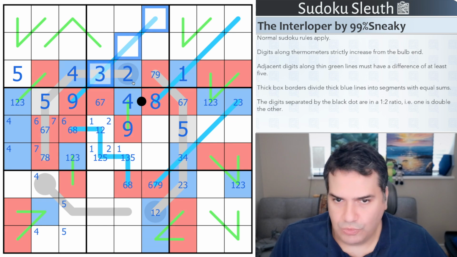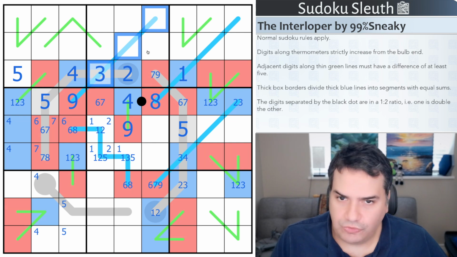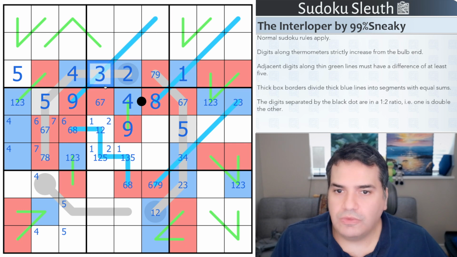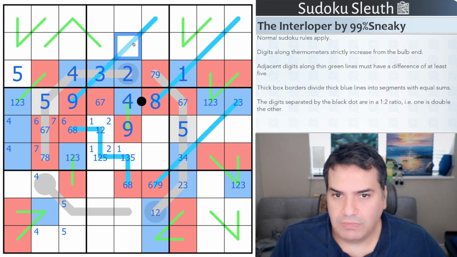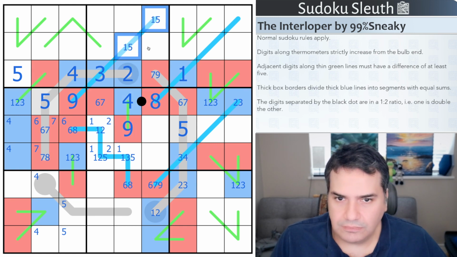But that's not true because I've already placed a 2 in the same box. So this is not a 2, 3, 4 line. It has to have a 1 because it's not 2, 3, 4. And with the 3 being present means I need a remainder of 6, and it's not 2, 4, it is 1, 5. To add up to 9.